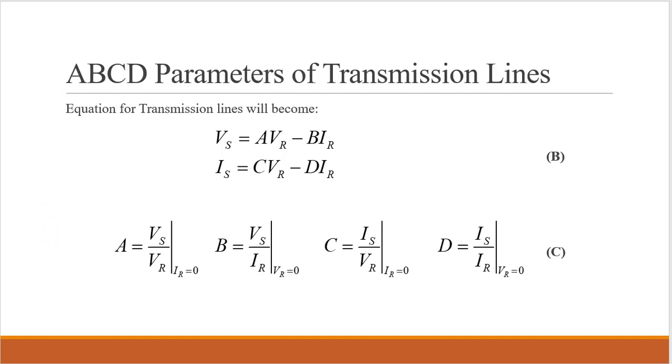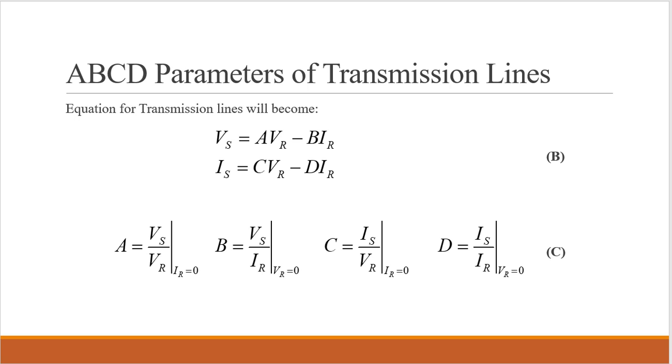Likewise, if we have to find the value of A, then we place Ir equal to 0. Due to this, the B term will become 0, and we have A equal to Vs divided by Vr, keeping Ir equal to 0.